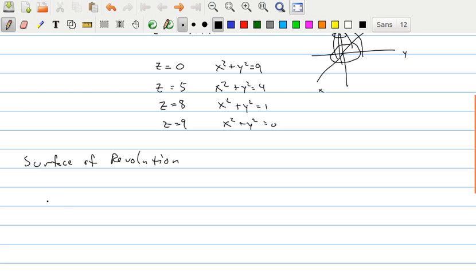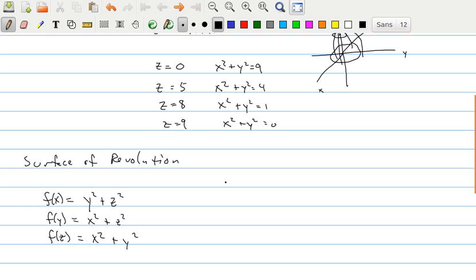A surface of revolution should look something like a function of x equals y squared plus z squared, or a function of y looks like x squared plus z squared, or a function of z looks like x squared plus y squared. Okay, this first one represents a curve that's been revolved around the x-axis. The second one represents one that's revolved around the y-axis, and the third one is one that's revolved around the z-axis.